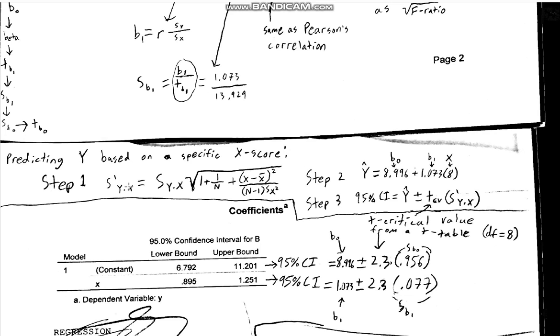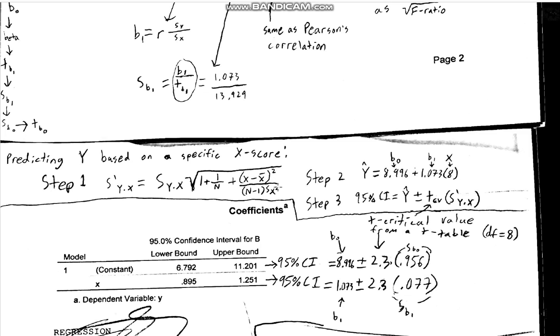So the standard error of the prediction equals the standard error of the estimate times the square root of 1 plus 1 over n, which again n is 10 here, plus the sum of squares for x is what this turns out to be here on the top.